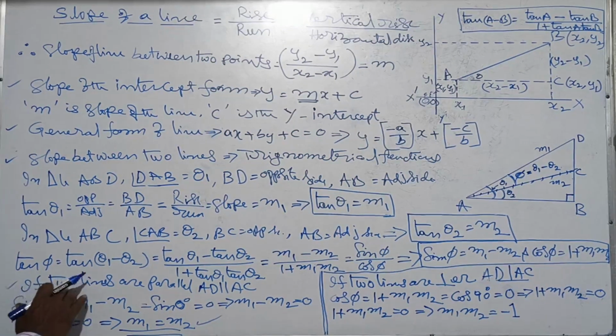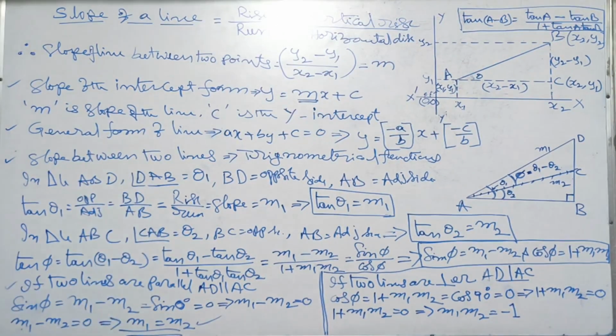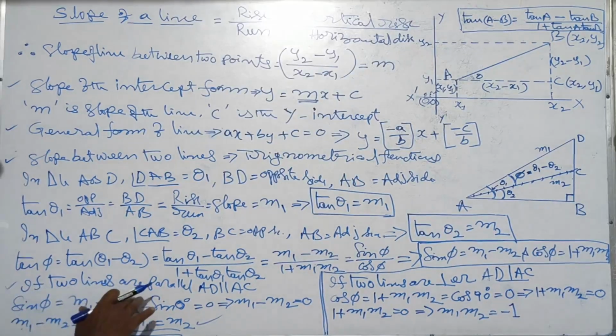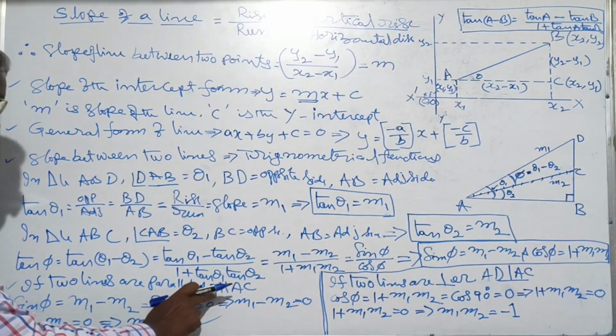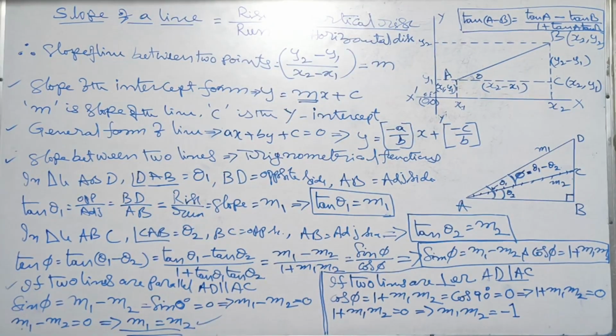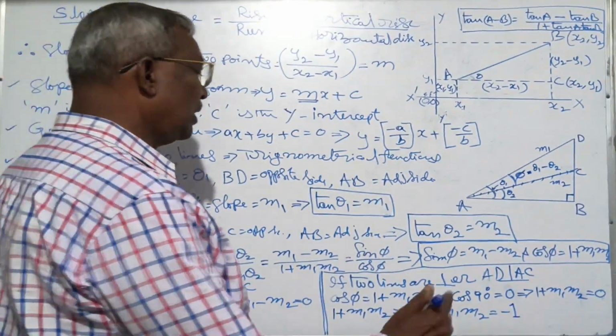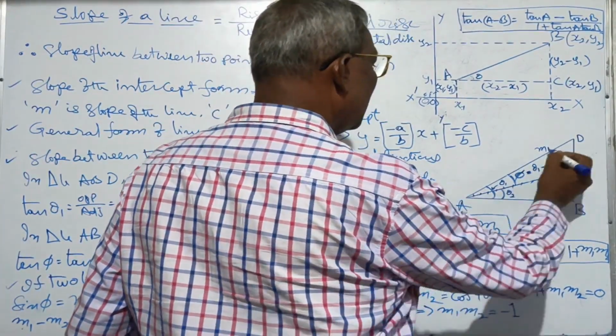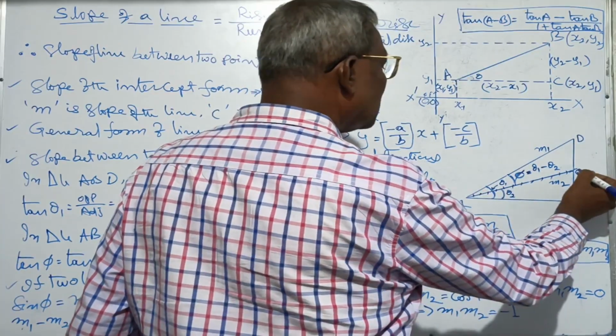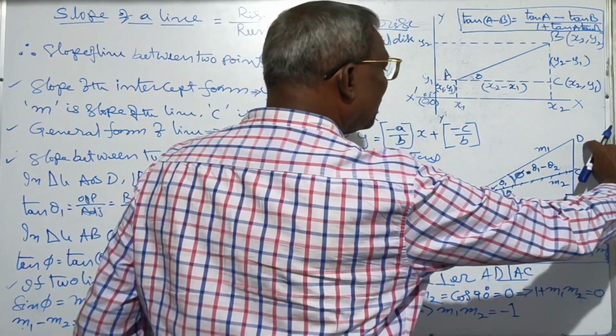Next, if two lines are parallel, that is AD is parallel to AC, here this AD is parallel to AC means the rays will become 0.